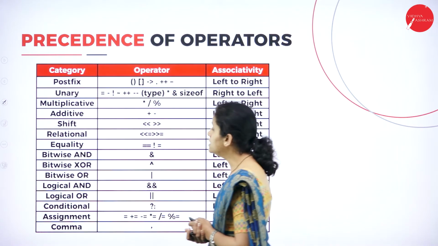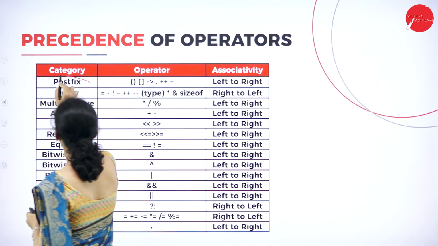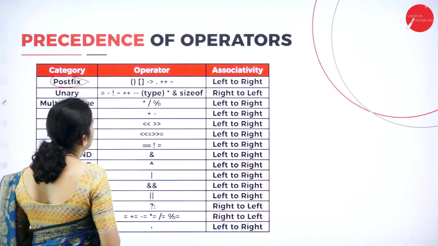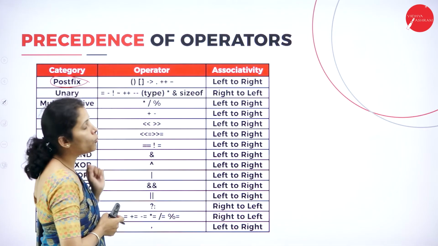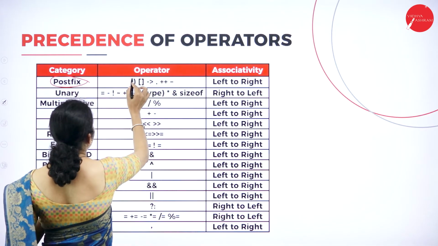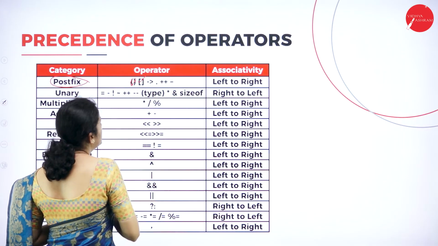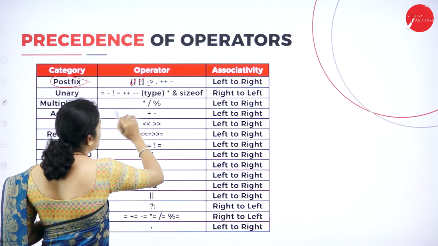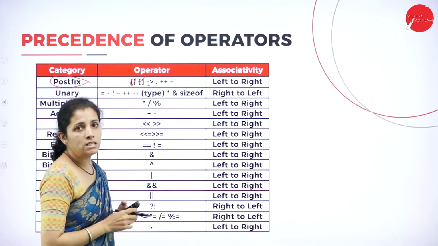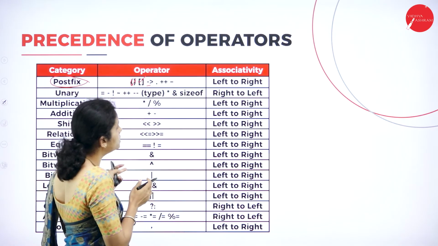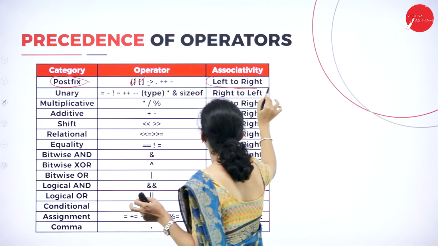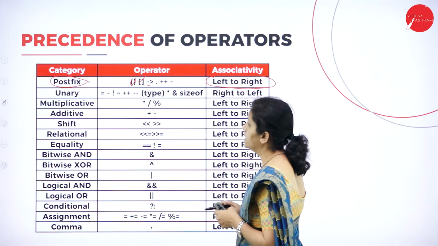And if I consider postfix expression, in that I can have operators like opening, closing parenthesis, square brackets, then arrow, dot, plus plus, minus minus. In that situation, I want to consider left to right.